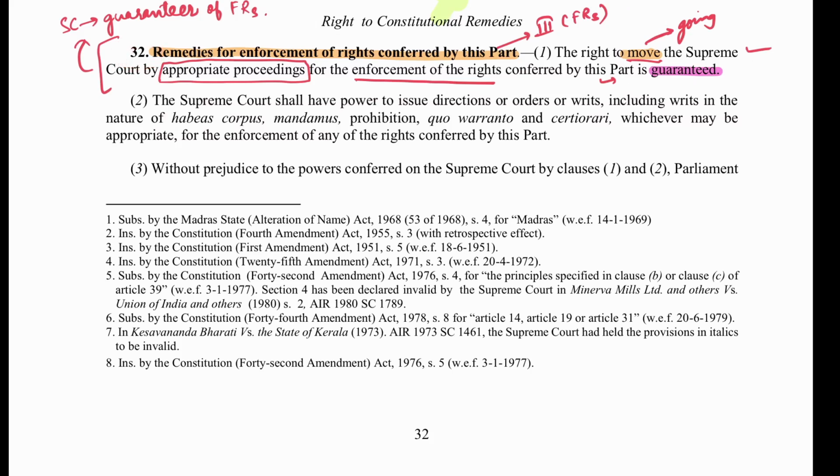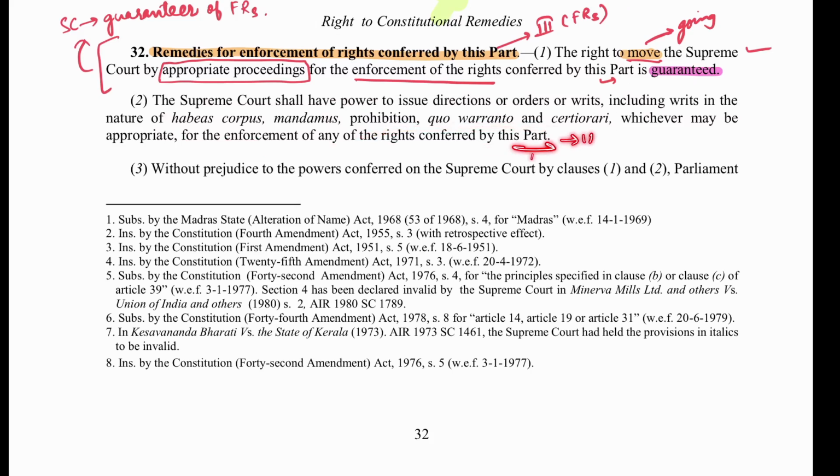Whichever may be appropriate, because all of these depend on certain situations. These are the kinds of writs which the courts can order, and it will depend on different situations. So in different situations, they will order in different ways. Therefore, whichever may be appropriate, the court can do that for the enforcement of any of the rights conferred by this part.